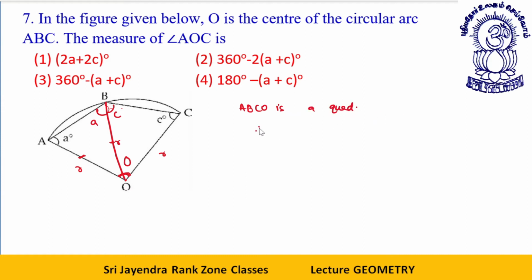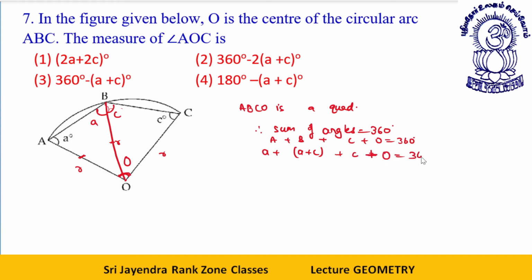quadrilateral. Therefore, the sum of angles is equal to how much? The sum of angles is equal to 360 degrees. Now what will happen, dear students? Angle A plus B plus C plus O will be equal to 360 degrees. B is equal to A and D is equal to C, so A plus A plus C plus C plus O is equal to 360 degrees.